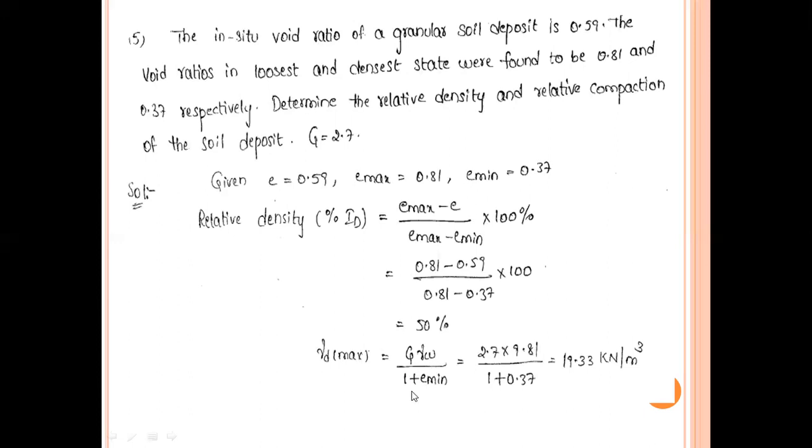So G into gamma W by 1 plus E minimum: G is the specific gravity 2.7 multiplied by gamma W 9.81, divided by 1 plus 0.37, equals 19.33 kilonewton per cubic meter. It is the gamma D maximum.